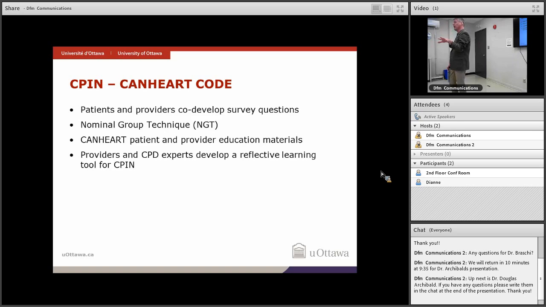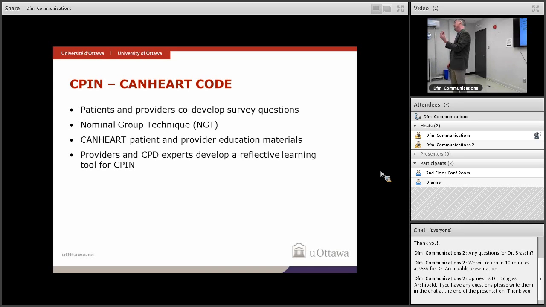Providers have equal input as do patients. Then you go through a process of combining like items, and finally tossing out items that people don't rank highly, until you get a manageable list together. That process will take 2 to 3 hours.